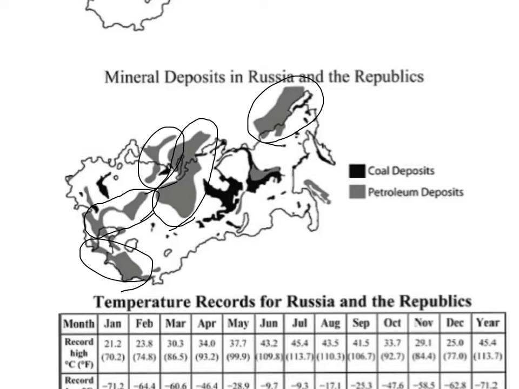But most of it you can see, these petroleum products, oil and gas, is in Russia. Here's some more right here on those coal deposits. So you can see that Russia, because it has most of the oil and gas and coal deposits, the other republics are dependent on them for their heating and for their fuel.